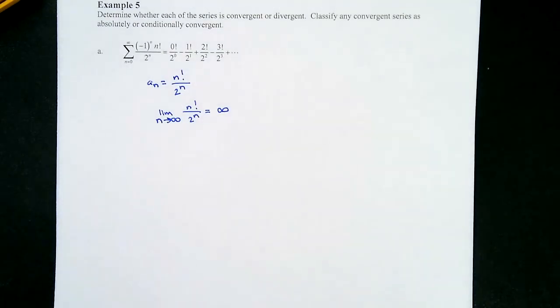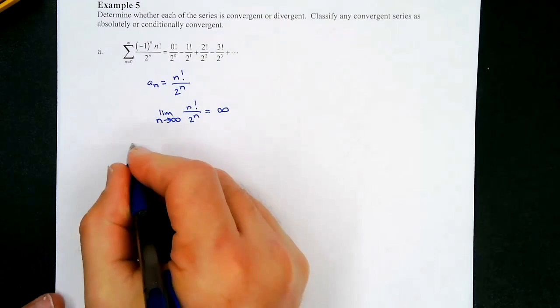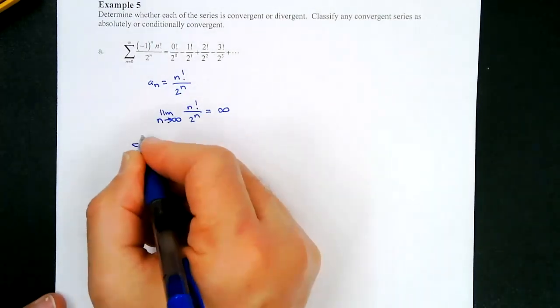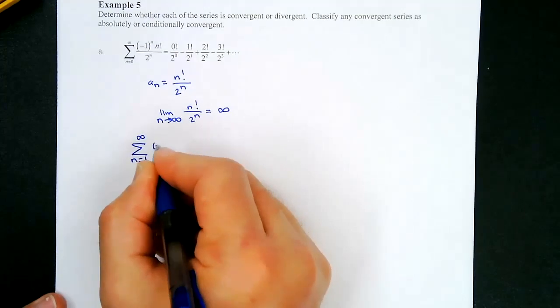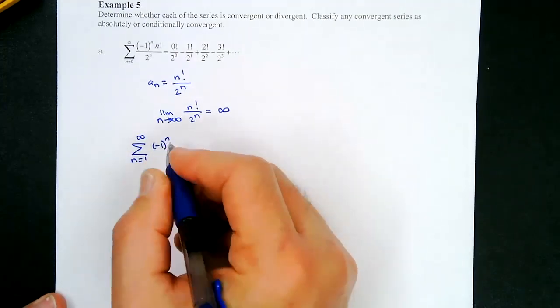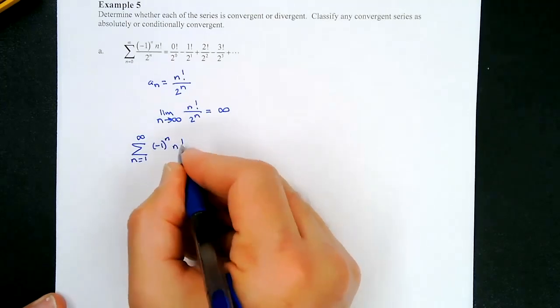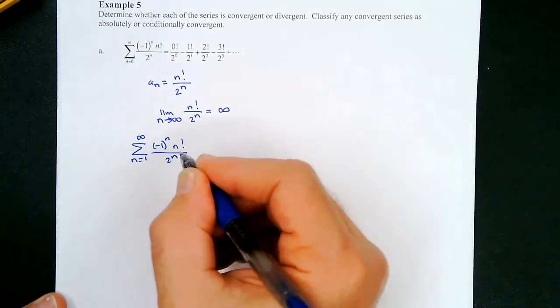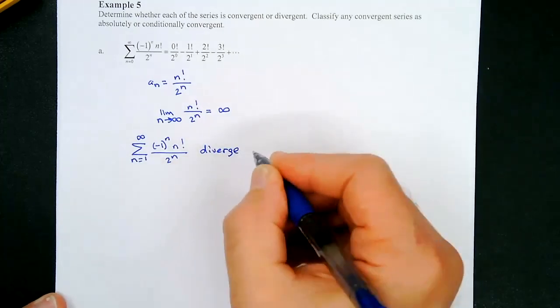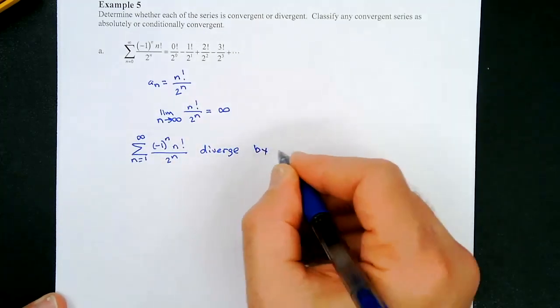So we automatically know that the series sigma n equals 1 to infinity of -1 to the n power times n factorial over 2 to the n diverges by the nth term test.